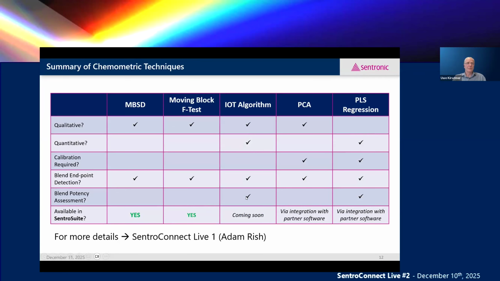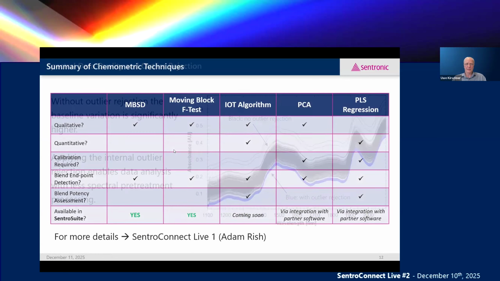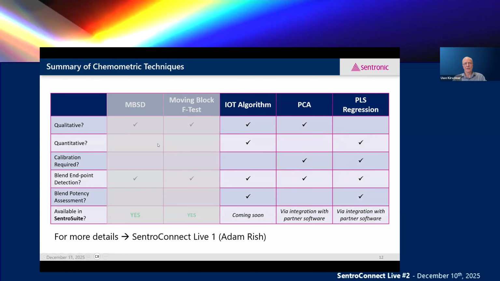Let's come to some chemometric techniques. This is a slide from Adam's part of the SentroConnect webinar 1, where he gave an introduction to chemometric methods in more detail, so I just refer to that. Just with the note that in our current setup here, the really pure statistical methods like MBSD and moving block are not that relevant for a continuous process like the tablet press feed frame.